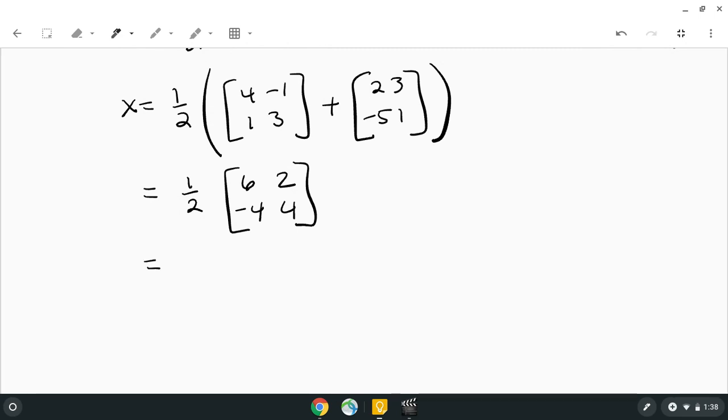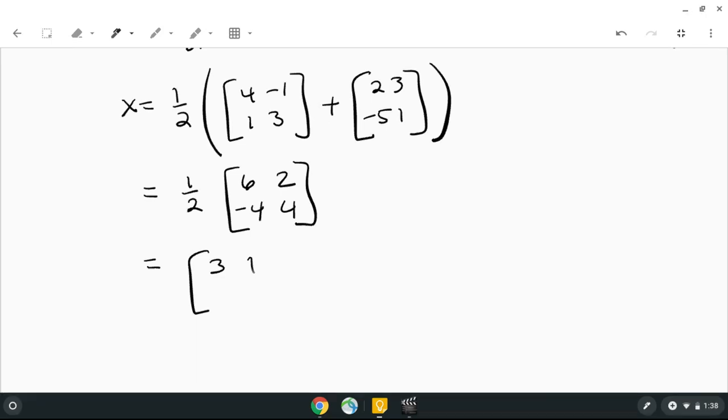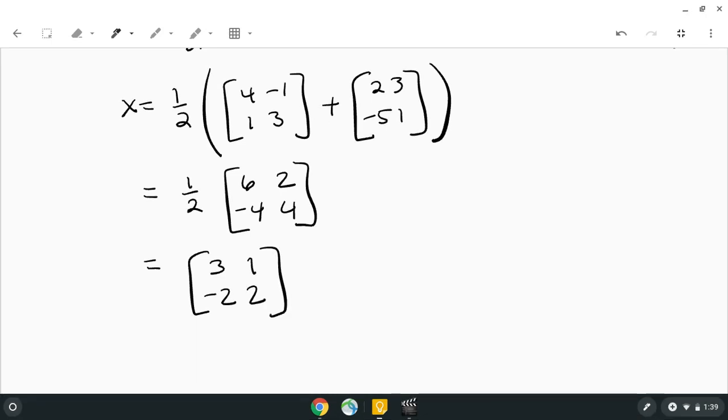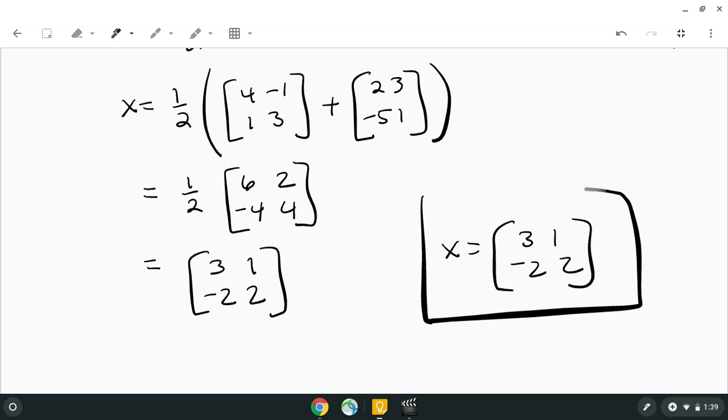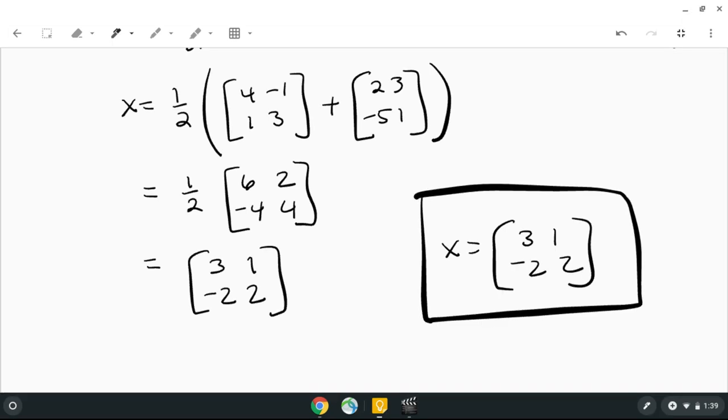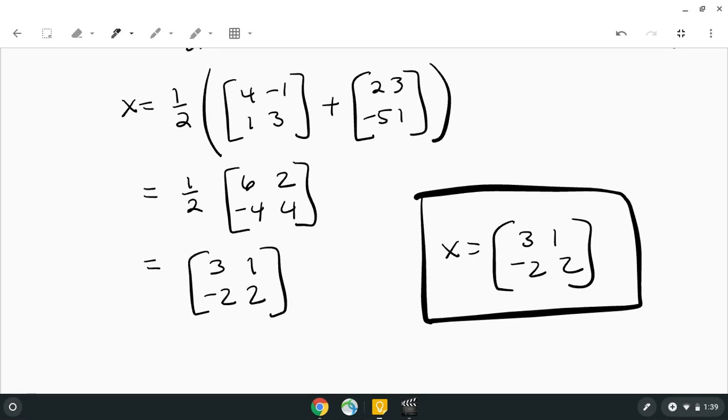Half of 6 is 3. Half of 2 is 1. Half of -4 is -2. Half of 4 is 2. So X equals the matrix 3, 1, -2, 2. That's scalar multiplication, multiplying by 1/2.